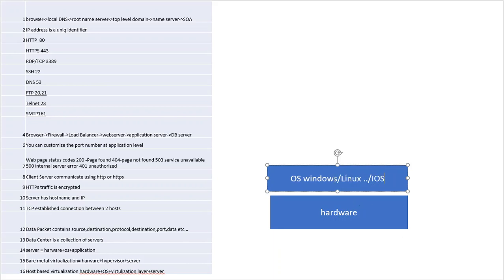On top of that, the application will be there. Again, application means with the data and everything. I am not going there. Let us be simple. So this is the normal, basic server we should have.